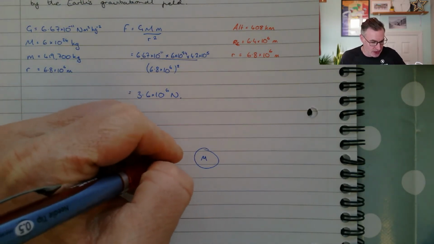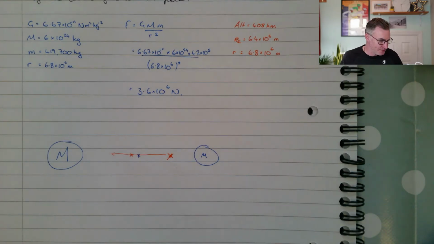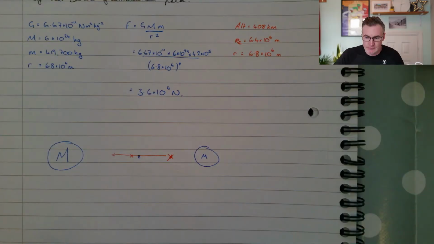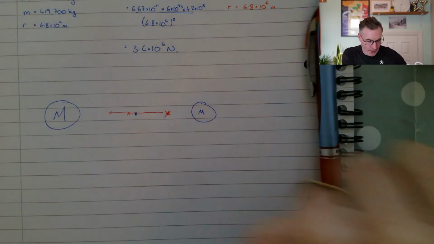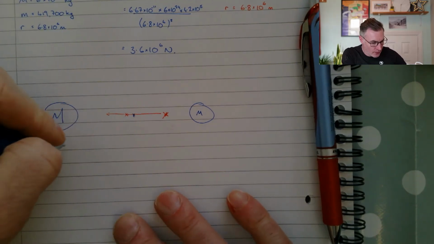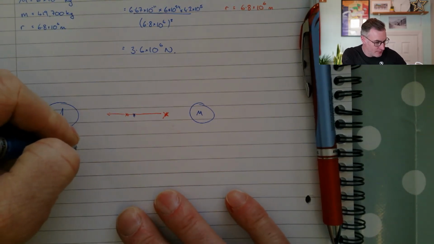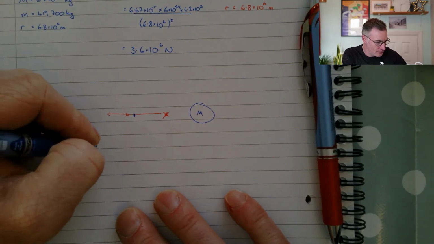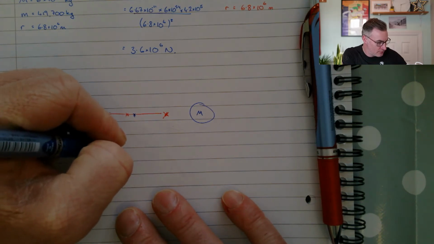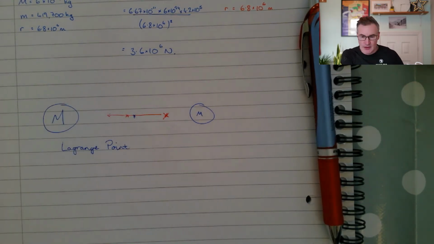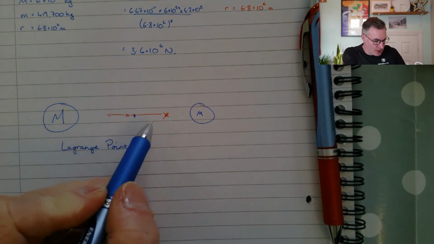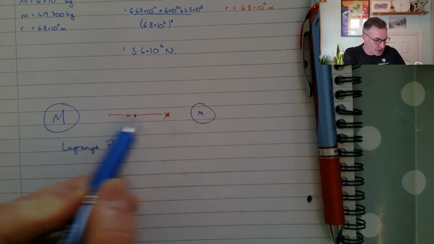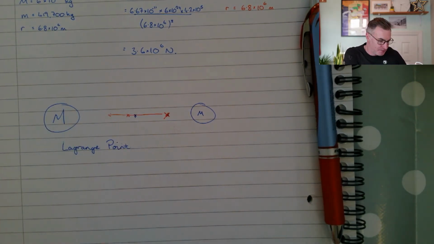And this is known as the Lagrange point. So the Lagrange point is the point at which the forces will be balanced between the two objects.